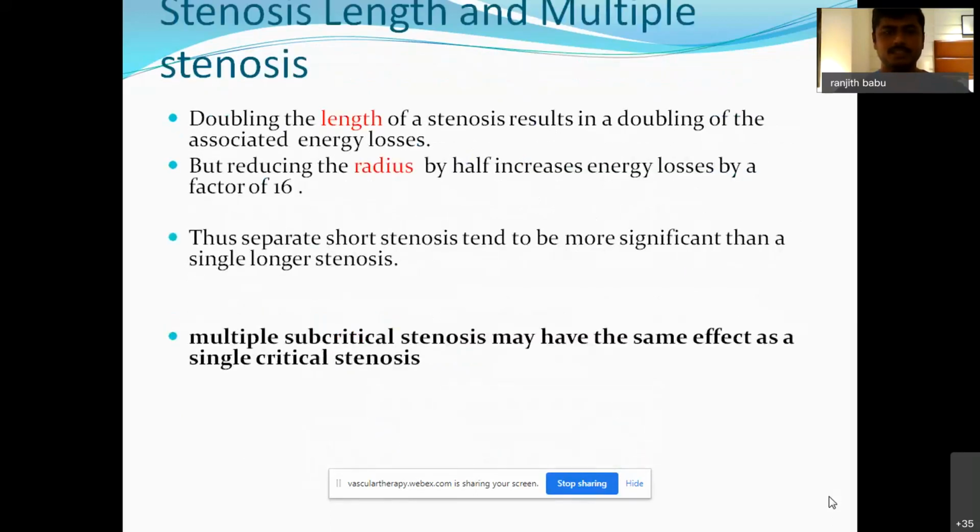With length and radius, the relationship to energy loss is that doubling the length of the stenosis results in doubling of the associated energy loss. But reducing the radius by half increases the energy loss by a factor of 16. That means several separate short stenoses tend to be more significant than a single longer stenosis. Otherwise, multiple subcritical stenoses may have the same effect as a single critical stenosis.